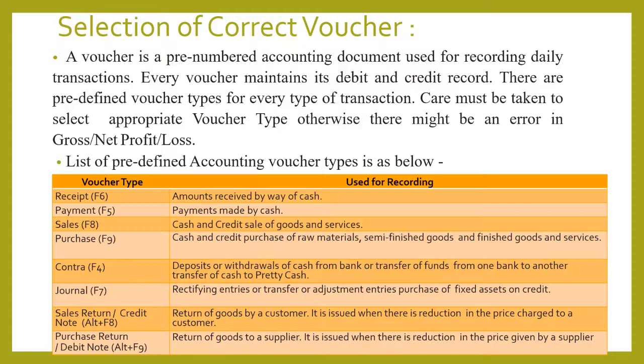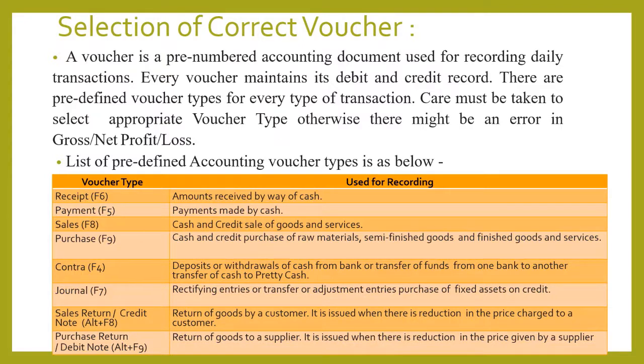Next one is the contra voucher, where the shortcut key is F4. Contra voucher is always related to cash and bank transactions. For example, cash deposited in bank, cash withdrawn from bank. So to make the entry of such types of transactions, we use the contra voucher. Next one is the journal voucher. The shortcut key is F7.